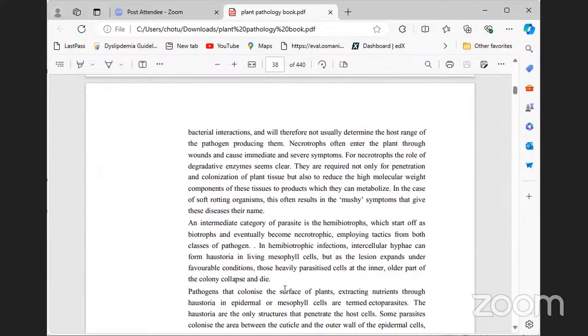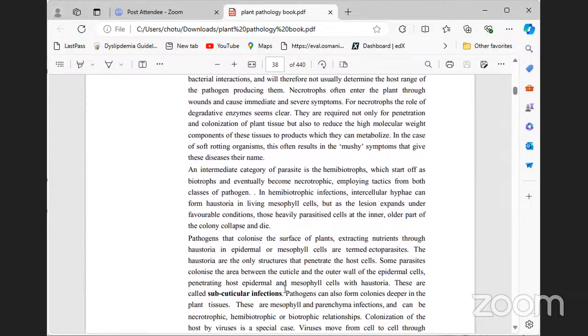Necrotrophs often enter the plant through wounds, causing immediate and severe symptoms. For necrotrophs, the role of degradative enzymes seems clear.